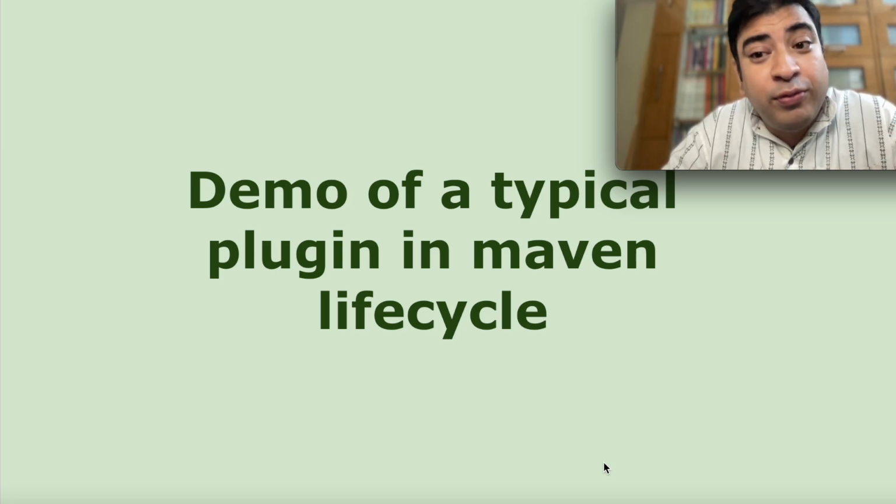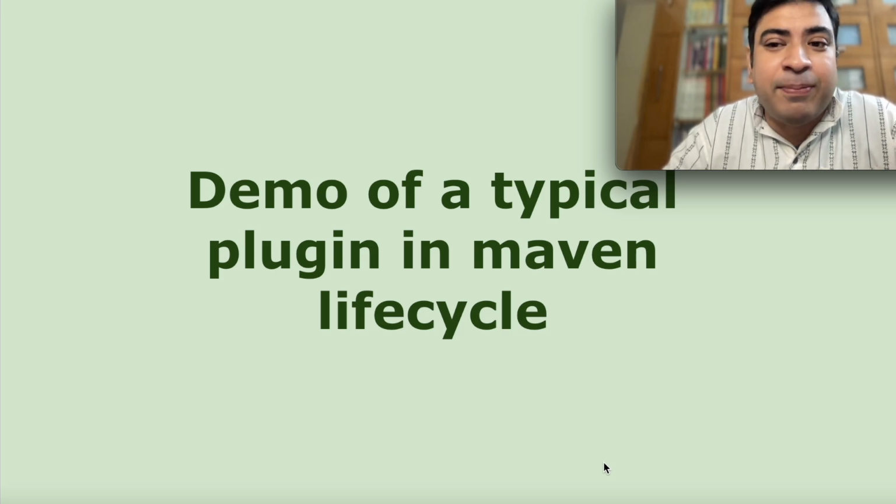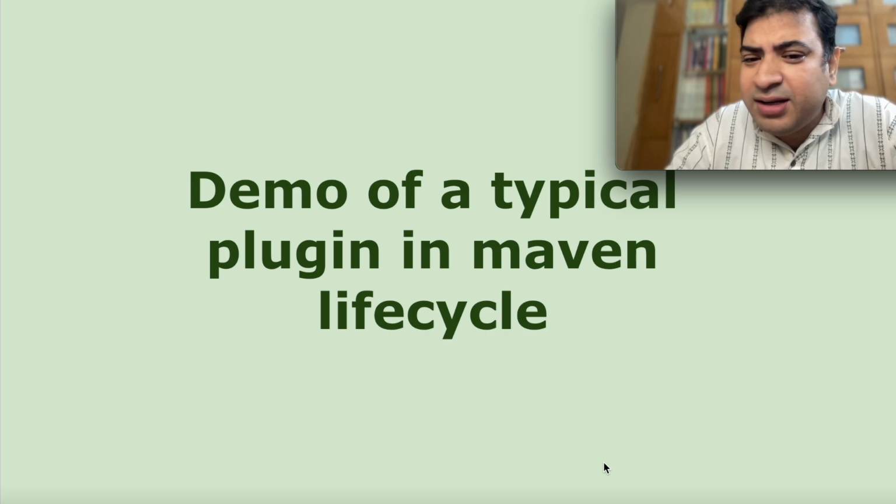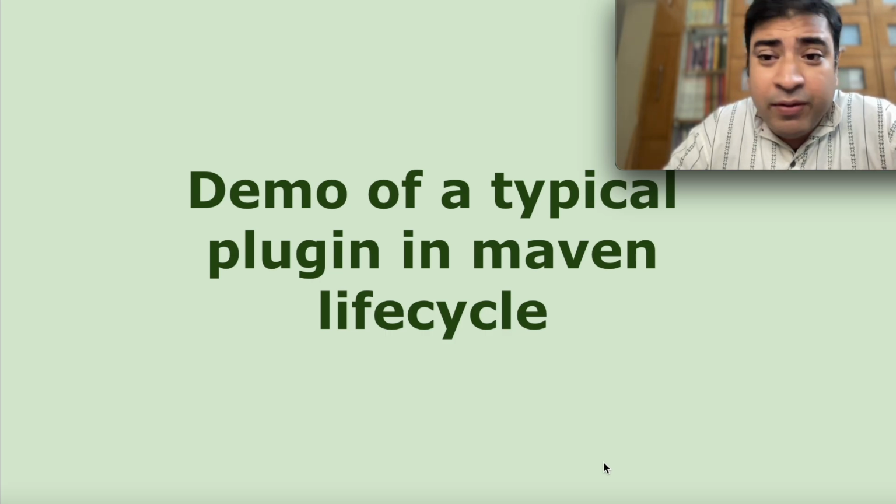You can also override that phase and attach a plugin to a different phase if applicable. All this we are going to see in context of a typical Maven plugin, which is checkstyle, which can be used to check formatting or the quality of your code.